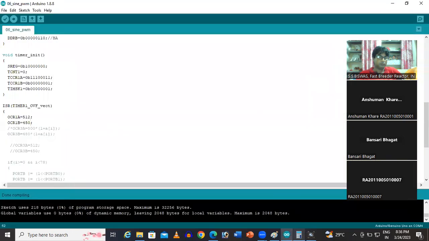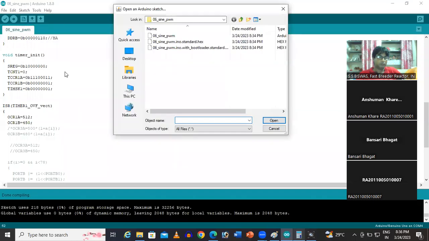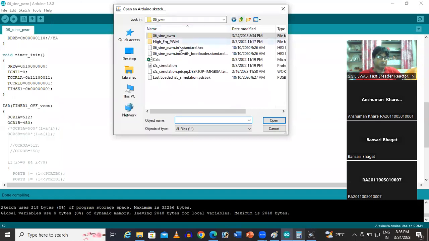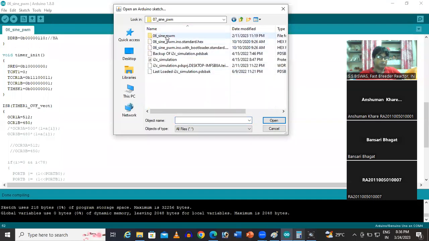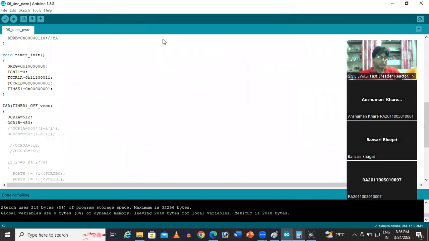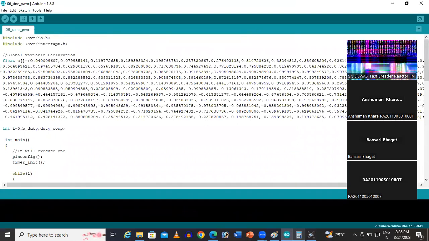Now we will go for the second code, that is sine PWM generation. So here only one difference.